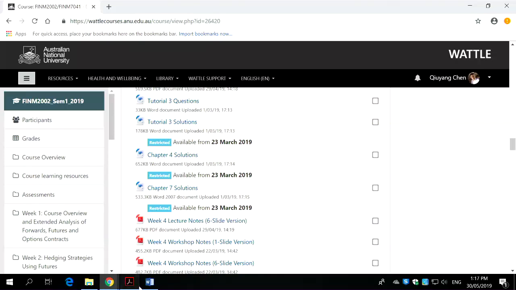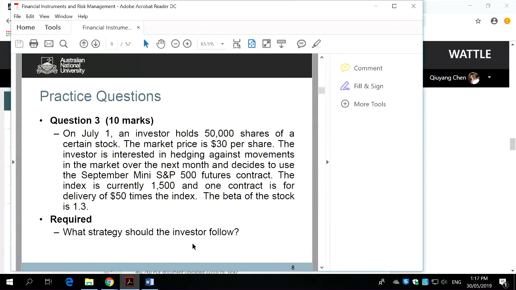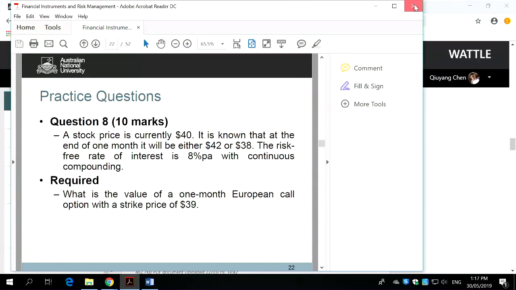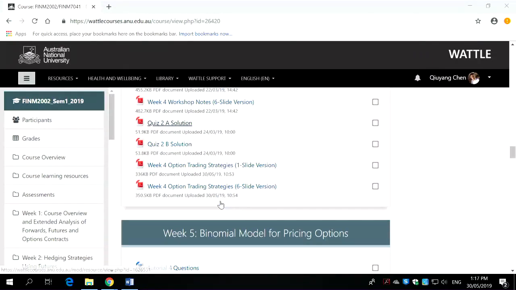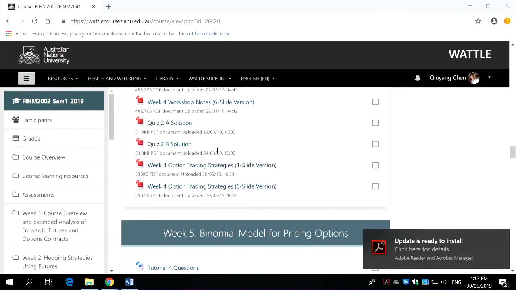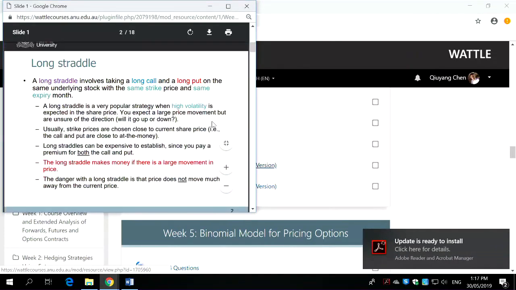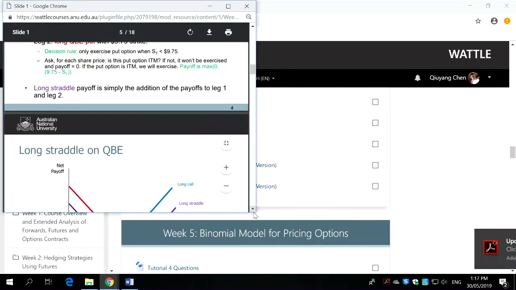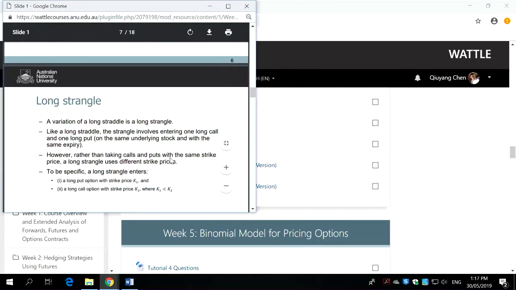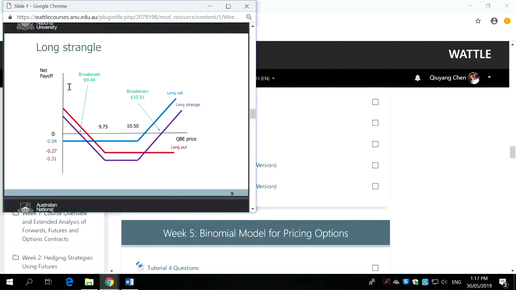Remember, for all of those trading strategies, sorry, not this one, but this one here. If you click into the trading strategy, for example, you need to be able to identify what's the break-even point.